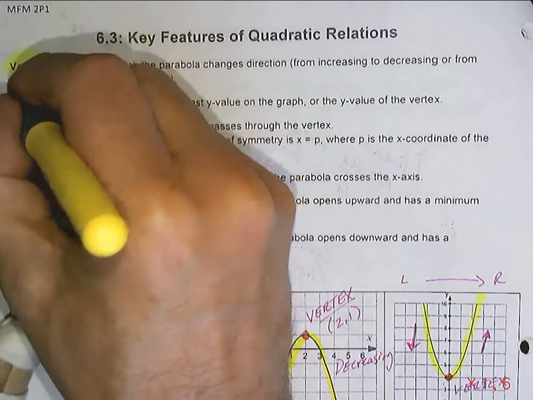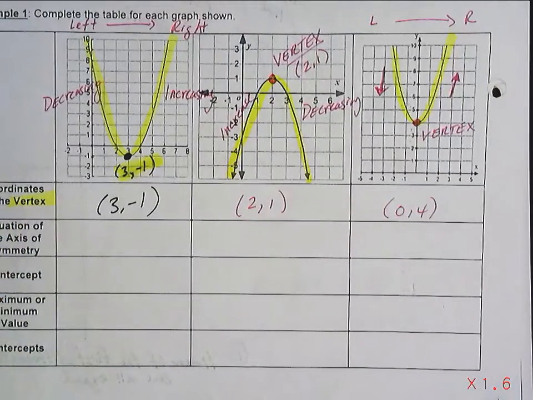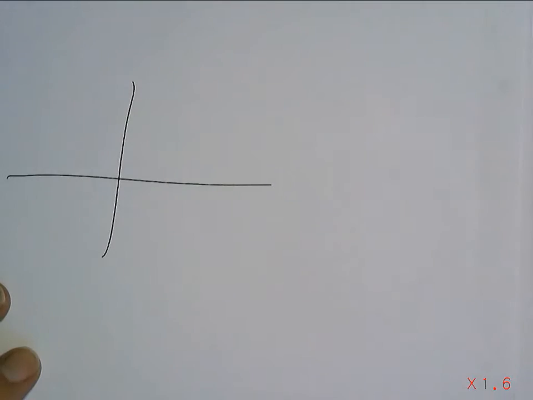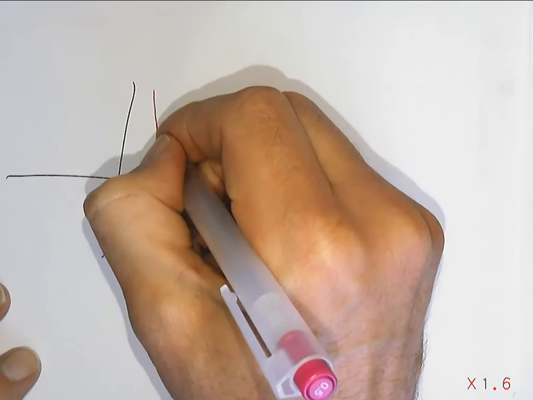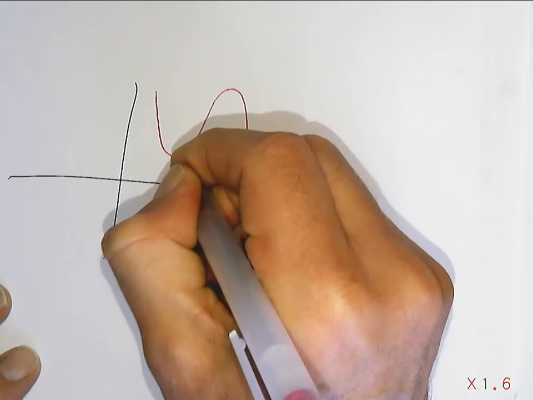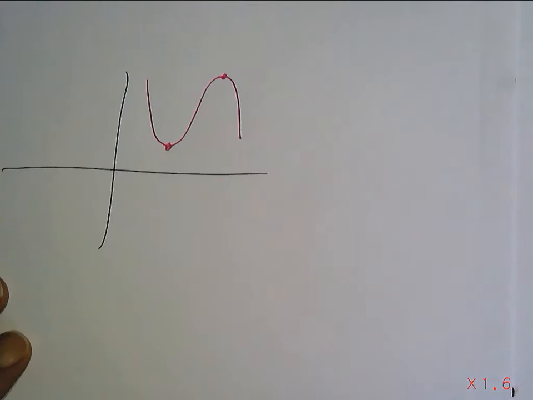Yeah, Fernando? Can there be more than one vertex? Ooh, if there was more than one vertex, then I guess what would be happening is you would be coming down, down, down, going up, and then you'd have to come down again. And that is not a U shape, is it? That's not a U shape at all.